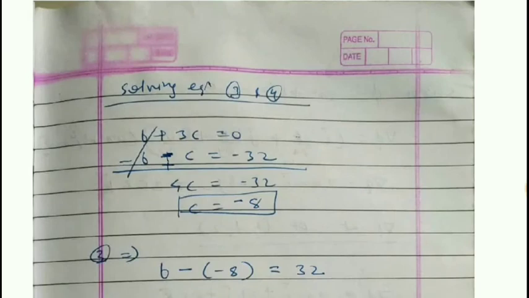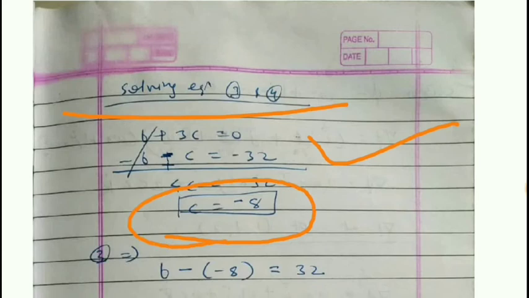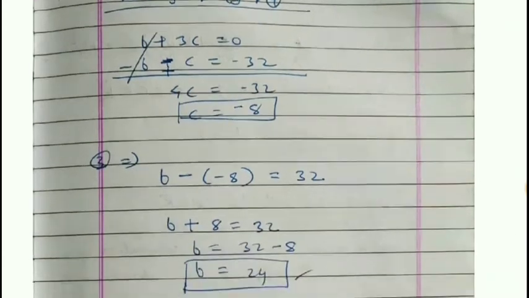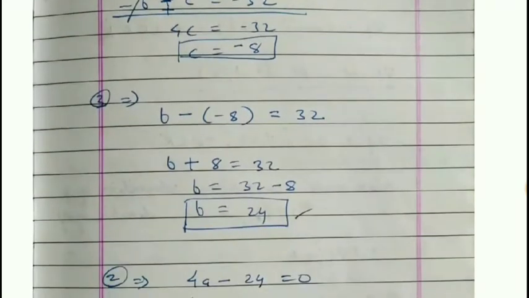Now solving these two equations, 3 and 4, we get the value of c equals minus 8. Put c equals minus 8 in equation number 3.